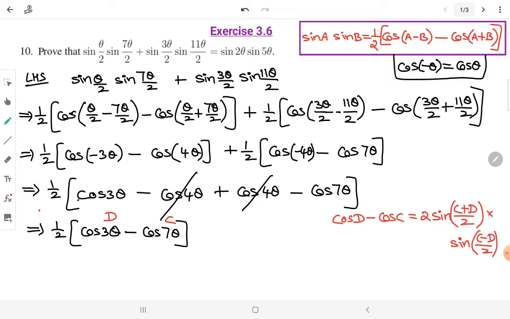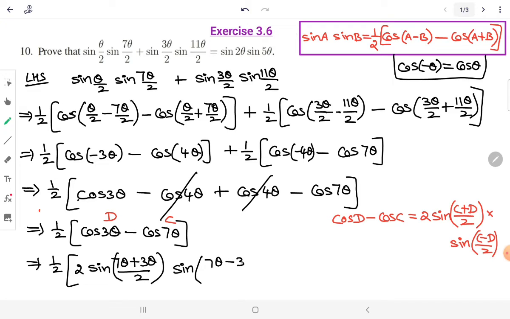Okay, so now let's apply this formula here. So half of 2 sin((C plus D)/2). C is 7θ plus D is 3θ, by 2, into sin((C minus D)/2). C means 7θ minus D, D is 3θ, by 2. So clearly this 2 and the denominator 2 will get cancelled.